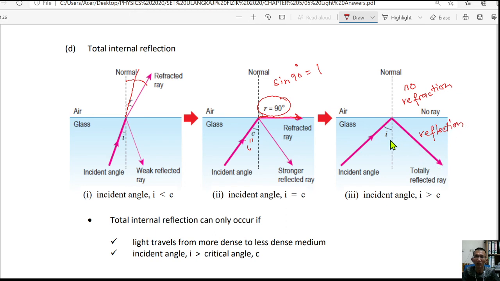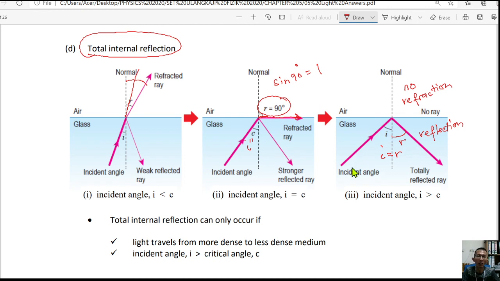Meaning to say this angle of incidence and this angle of reflection obey the law of reflection, whereby i must equal r.